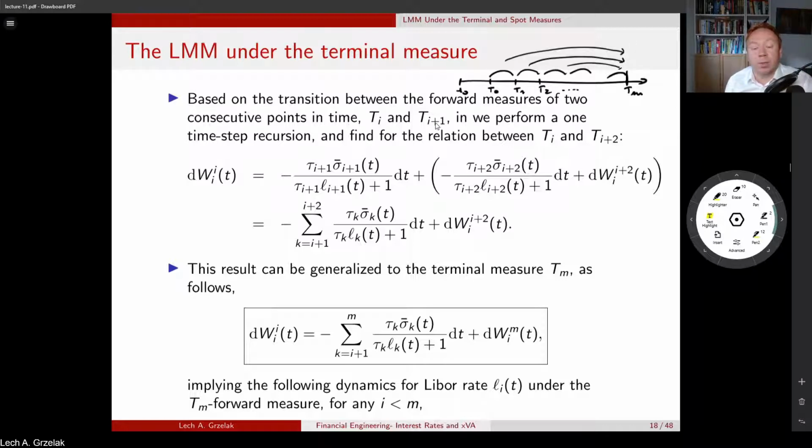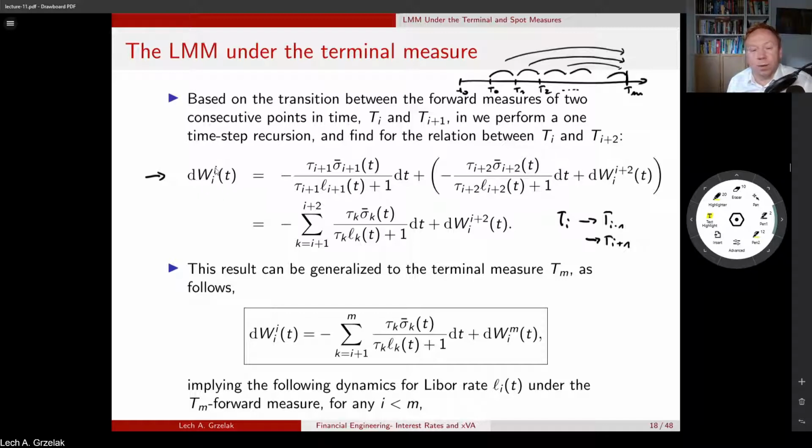In the previous slide, I have shown you how to iterate, how to change measure from a forward measure at time T_i to, for example, T_{i-1} or T_{i+1}. So we could go either way. If we continue this iteration, changing from T_{i+1} to T_{i+2} and so on, we can derive the transition not only by one step, but also by two steps.